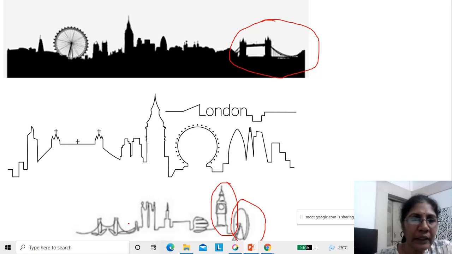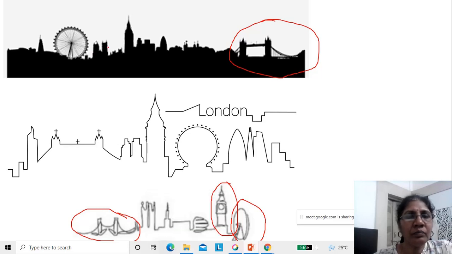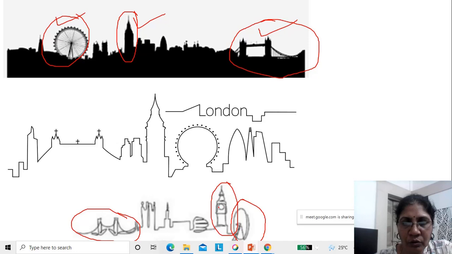And here it is the sketch of London Bridge, along with that few more structures, right? So if not the other structures, at least we should be able to identify the London Bridge, London Eye, and this Big Ben over here, which is a clock tower. You can see the clock over here.